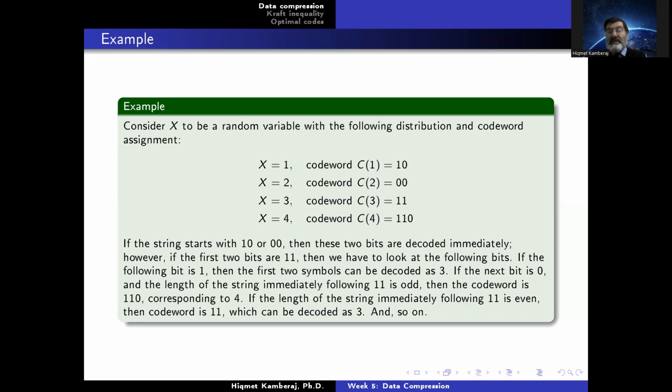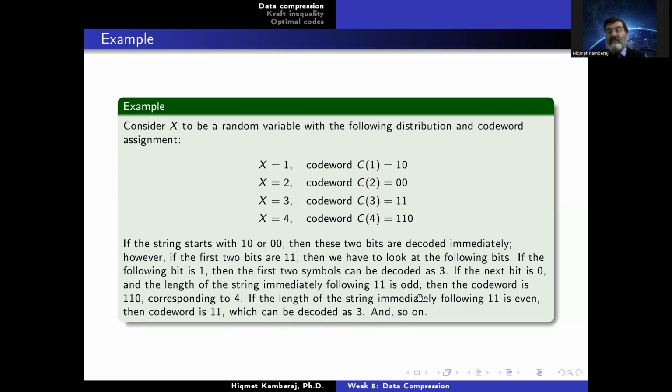If the next bit is 0, then we have to check the length of the string immediately following 1, 1. If it is odd, then the code is 1, 1, 0 and corresponds to 4. If the length of the string immediately following 1, 1 is even, then the code word is 1, 1, which can be decoded as 3, and so on.